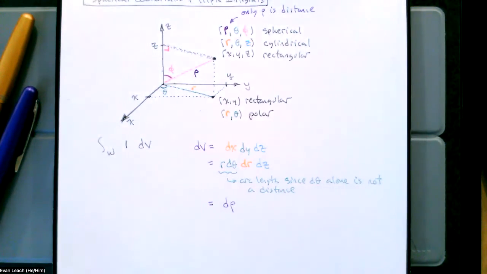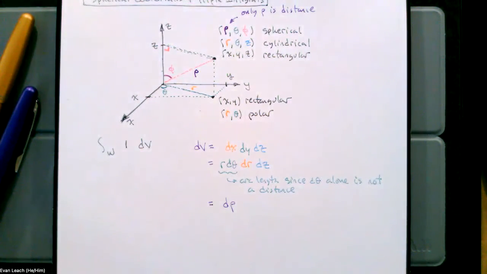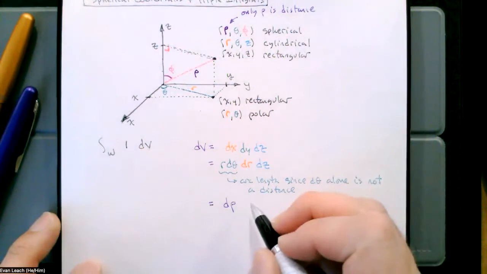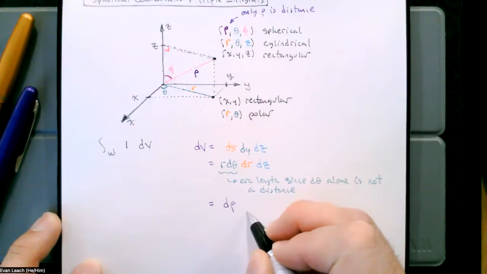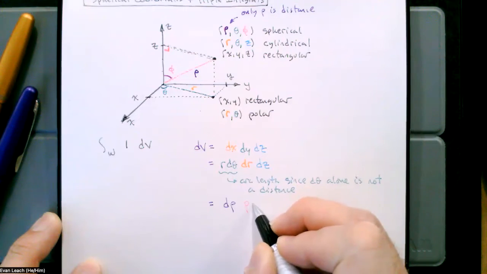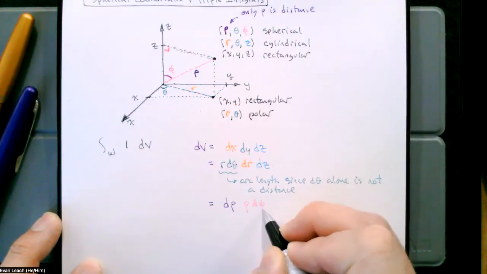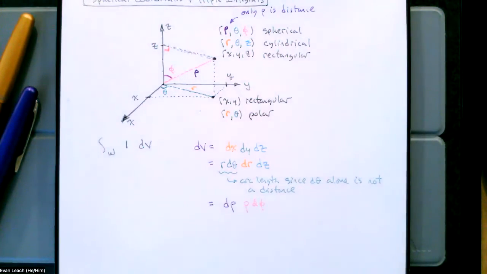So to get d phi to be a distance, I just need to multiply by how far we are from the origin, and that is exactly described by rho. So to turn d phi into a distance, I need to multiply by rho. So there's the arc length. The point is rho units away through an angle of d phi.